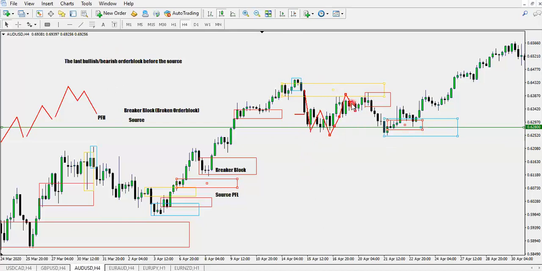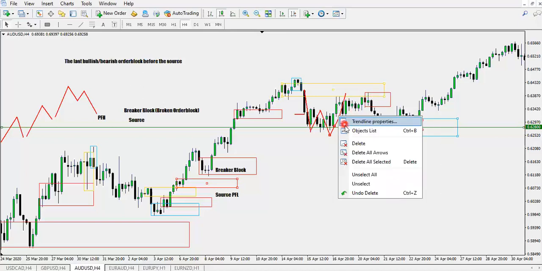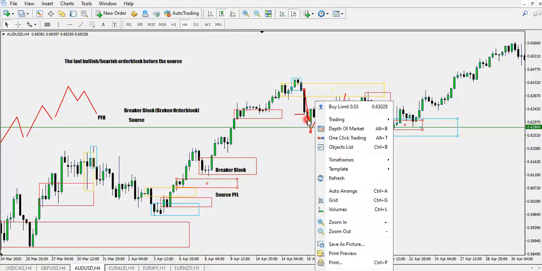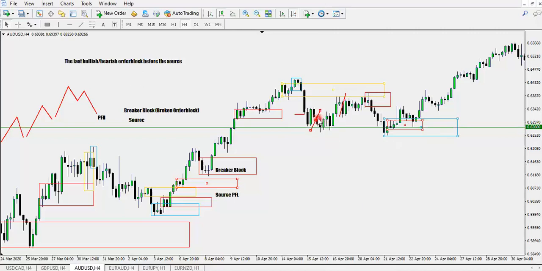So when price rallied up, this order block was created, and this move to the downside was created. Now notice, from this order block, our source was created at the institutional level of 800, and then a bullish order block was created.